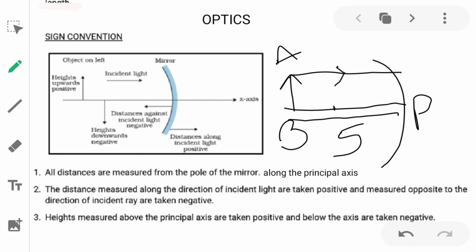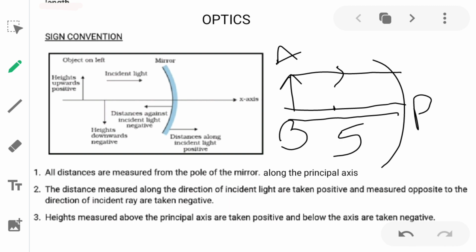So this is the direction of the incident ray towards the right. So according to this diagram, we can say the measurements taken towards the right are taken positive. The measurement taken towards the left are taken negative.